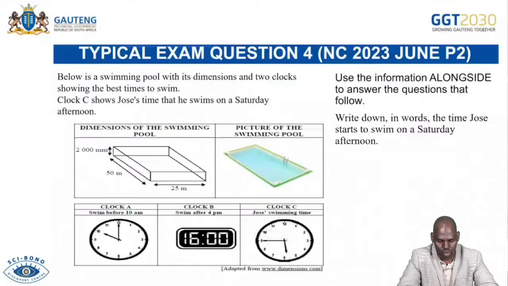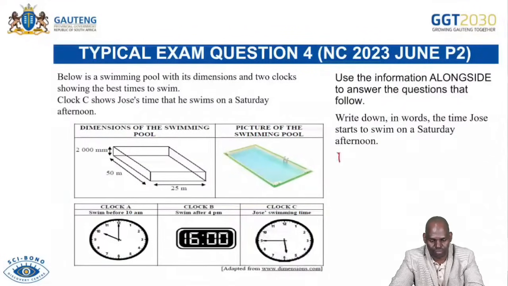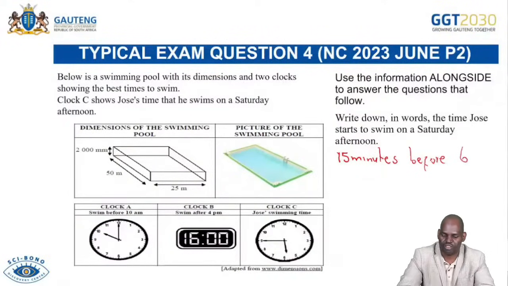Okay, so if you look at the long one, it's on 45, and the short one is just before 6. So if you have to write this one, you will say 15 minutes before 6.